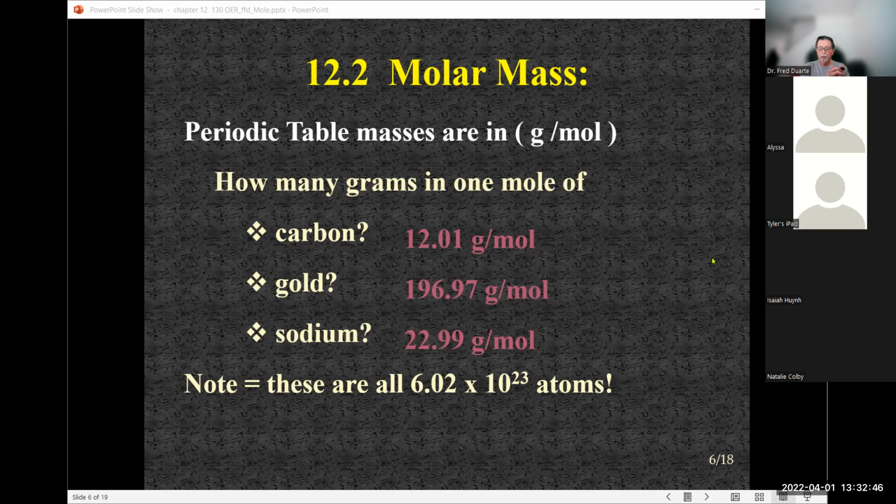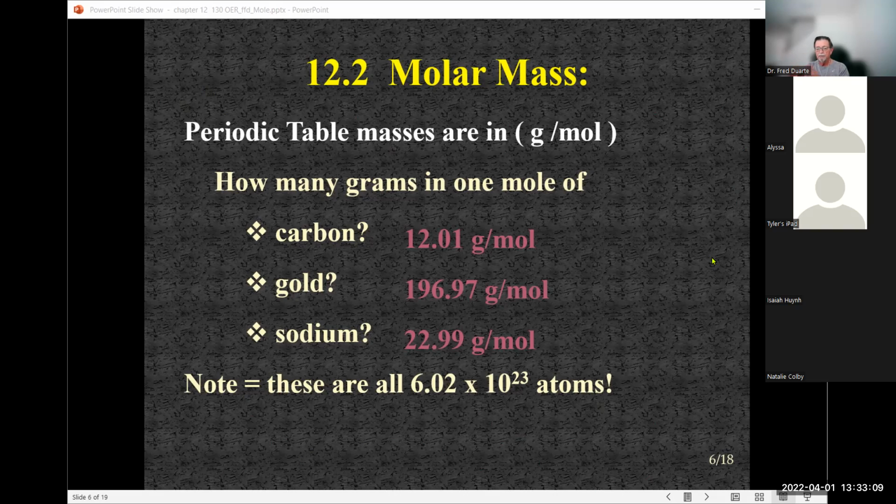When I talk about a molecule, a compound, I talk about the molar mass. Because with the atomic weight, this is one element, that's it. But with the molar mass, that deals with a compound. And I gotta add up the molar mass of all the atoms in that compound.